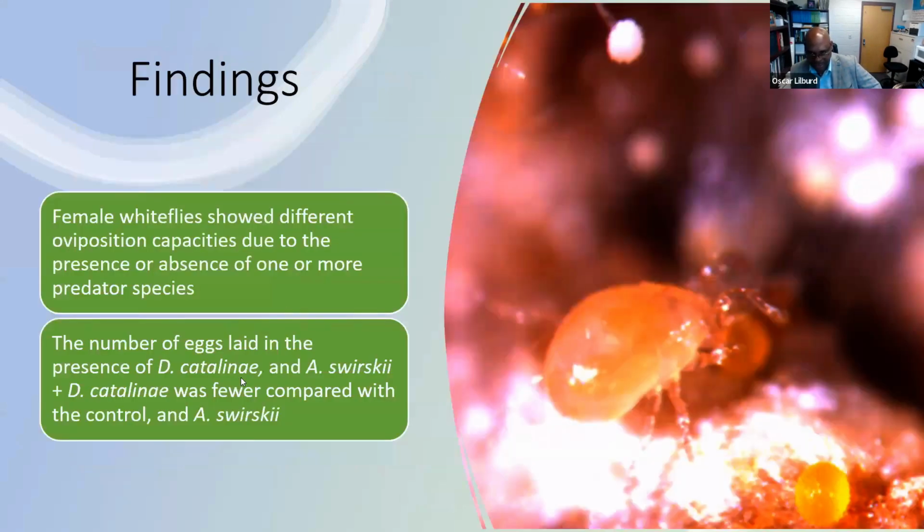Also, the number of eggs laid in the presence of Amblyseius swirskii, Delphastus catalina, and a combination of Amblyseius swirskii and Delphastus was fewer compared to the control. So again, you can see some form of reduction going on there.